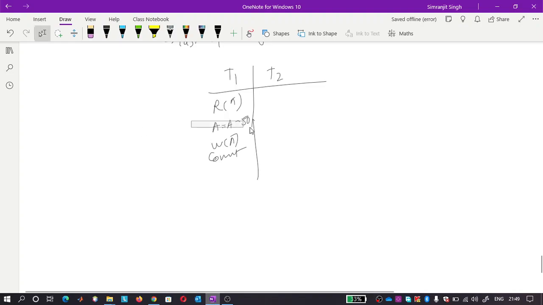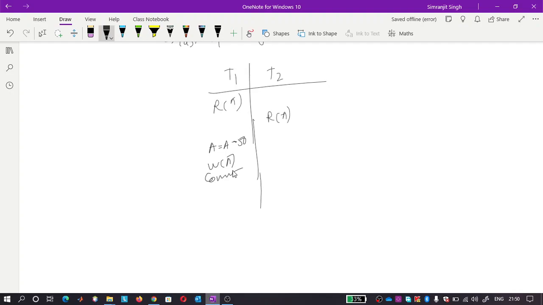Suppose by reading the value, I just interleaved T2 here. Just wait a second. Oh, sorry. Here A, and then you are adding the value, writing the value, and then there is some failure here. Suppose this is abort. Okay, so when you're writing abort, everything will be rolled back.